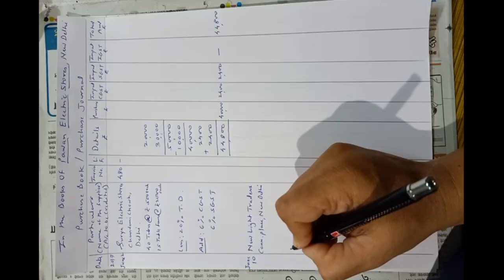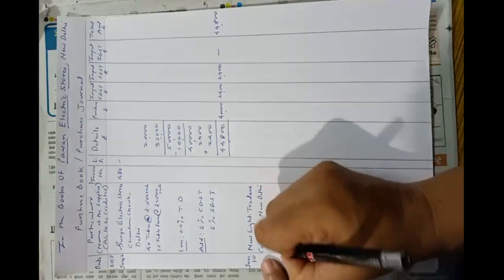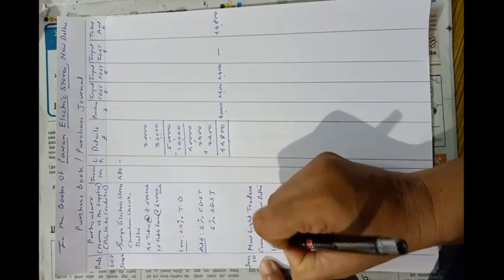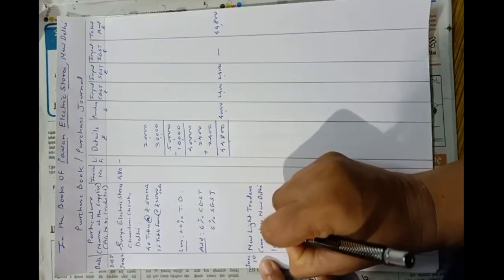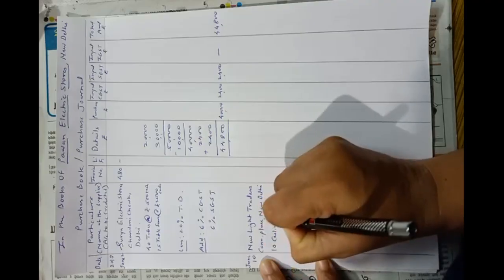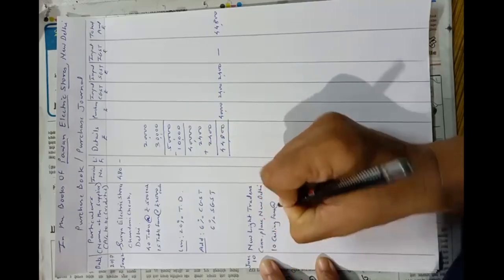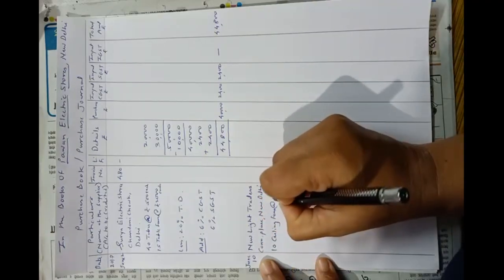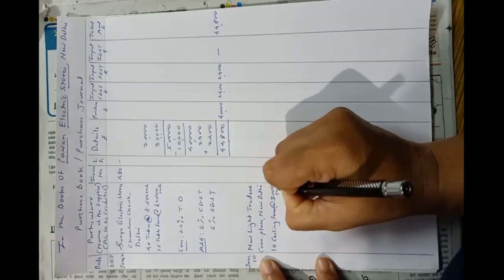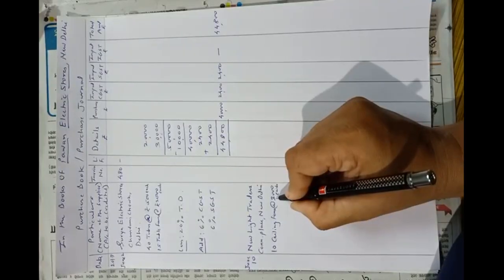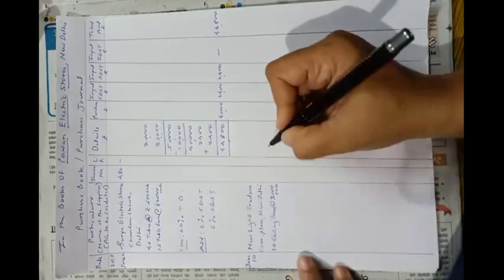Purchases of 10 ceiling fans at rupees 3,000 each. 10 ceiling fans into rupees 3,000 means 30,000.